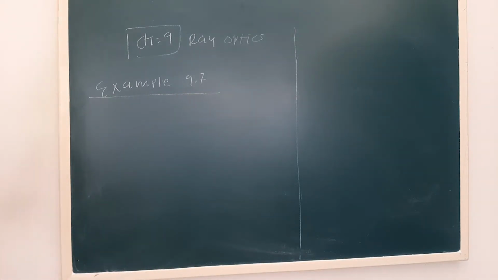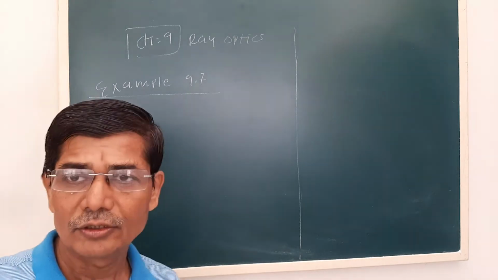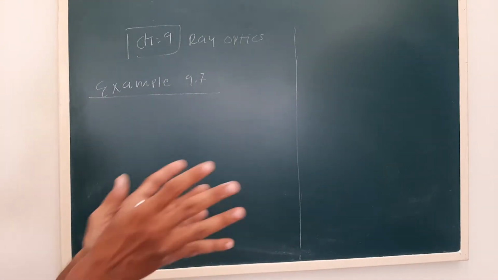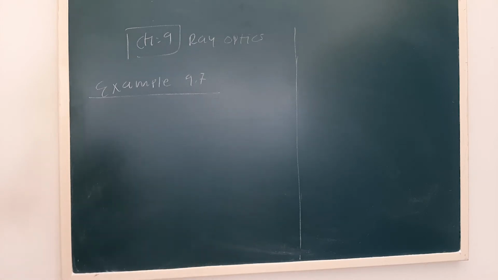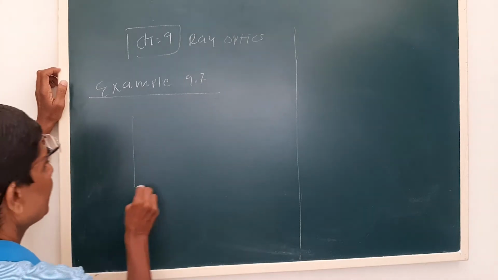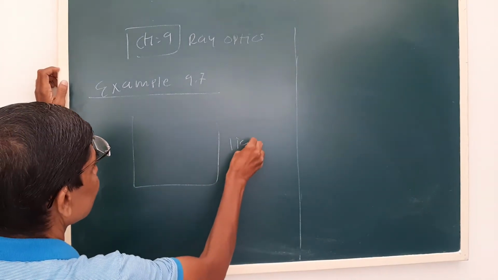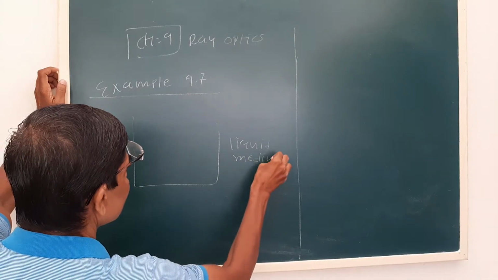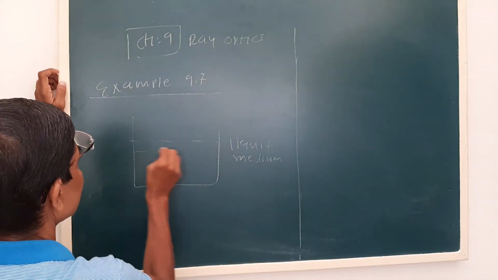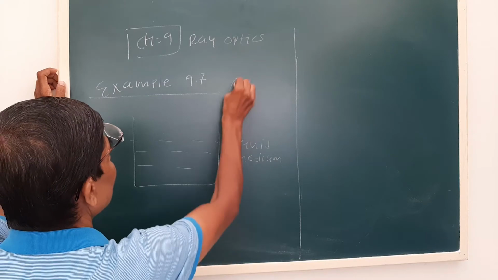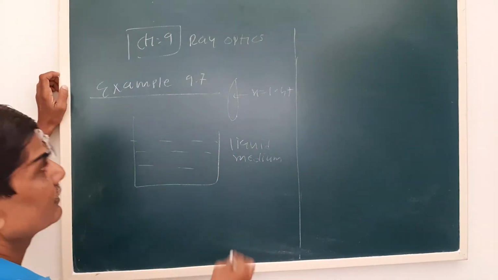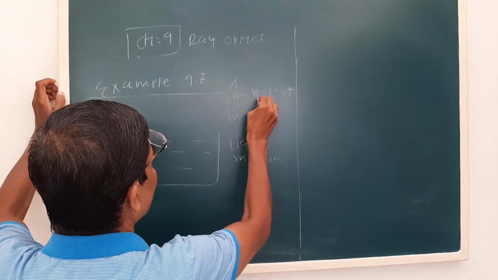A magician shows that the lens can be made to disappear by keeping it in a medium. Let us say a liquid is there. Now see, a lens of refractive index 1.47 is kept in air.